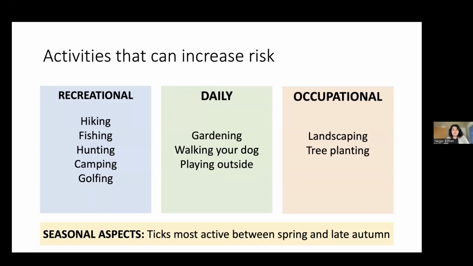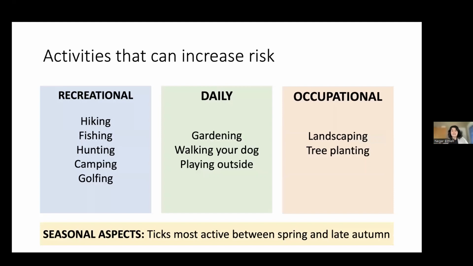And it's important to note that there's a seasonal component to this and that the risk of tick exposure is greatest when nymph ticks are active between roughly May and July, and again in the fall when the adult ticks become active, which is September to November. But having said that, different tick vectors have varying life cycles, and these life cycles can change with temperature and different climatic variables.